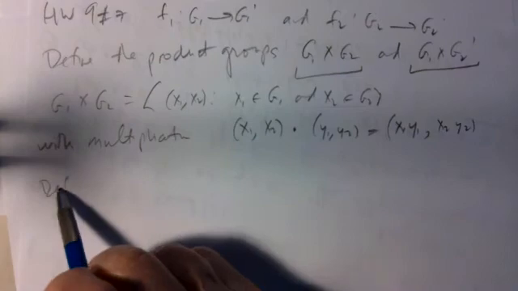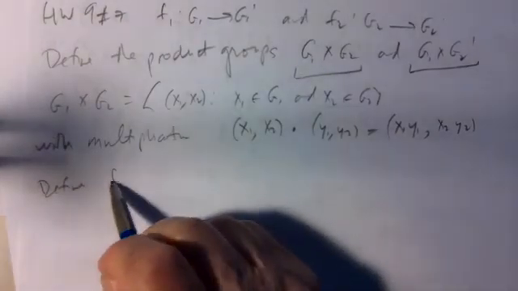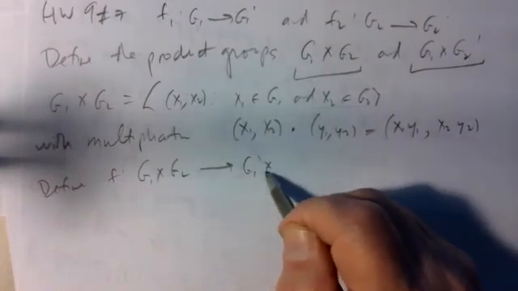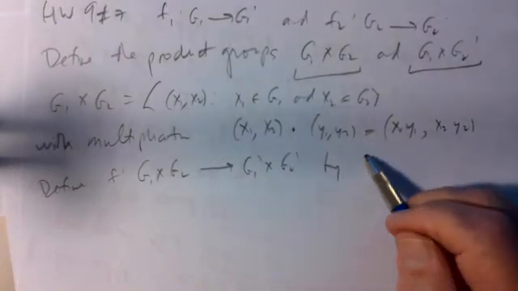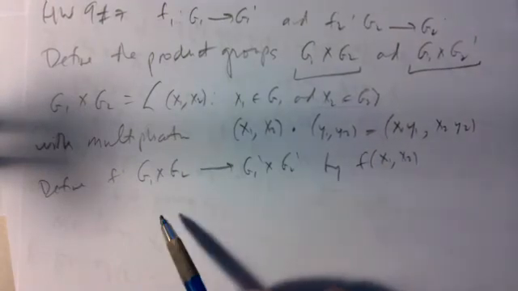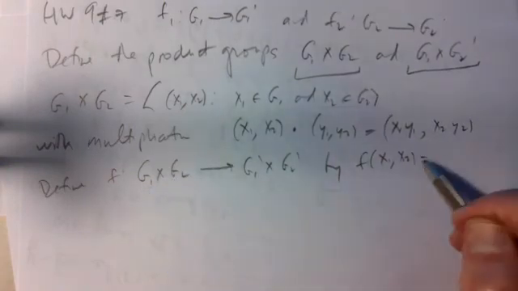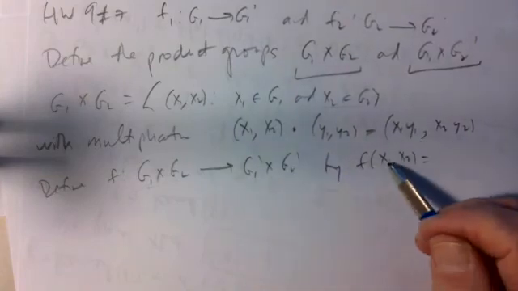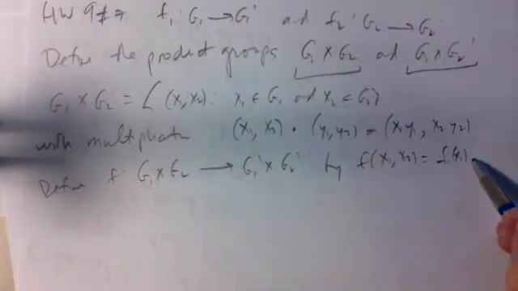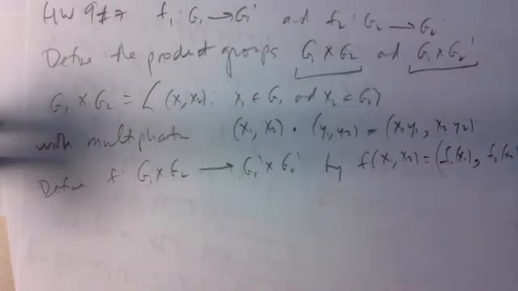So let's define a function f from G1 cross G2 to G1 prime cross G2 prime by f of x1 comma x2, where x1 comma x2 is some element in this product, equals something over here. So just apply f1 to x1. That gives you an element in G1 prime, comma f2 of x2. That's an element in G2 prime.